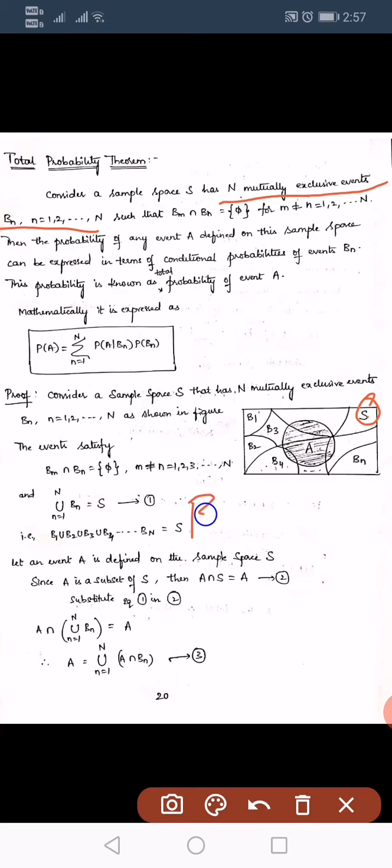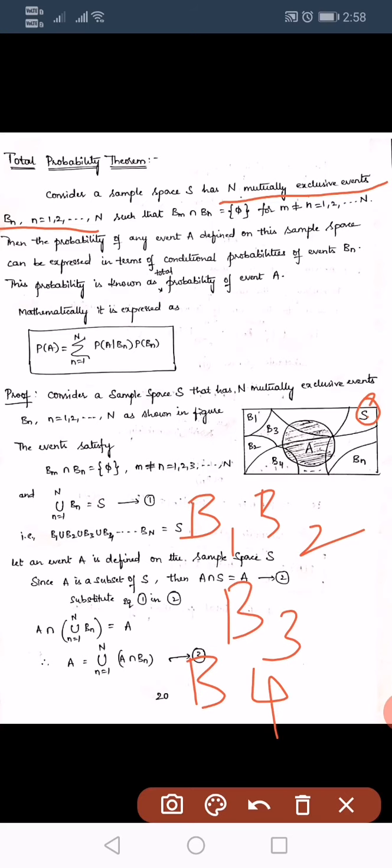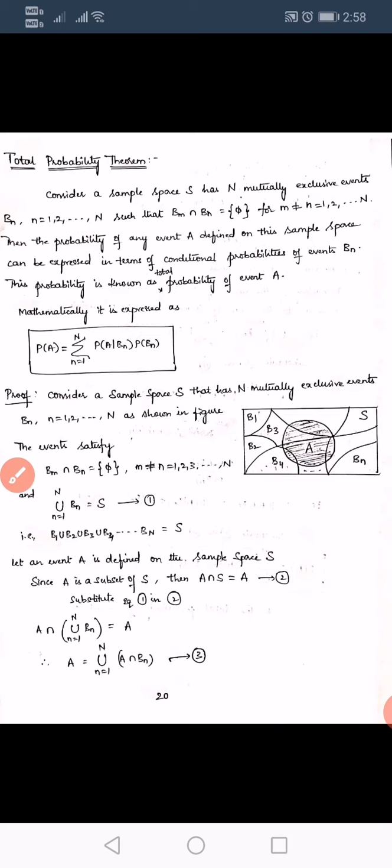That means B1 is not related to B2, and B1 and B2 both are not related to B3. B1, B2, B3 are not related to B4. That's why we have drawn it like this. B1 and B2 do not share any common elements in the sample space. In the same way, B2 and B3 do not share any common elements in the sample space S, and B1 and B3 also do not share any common elements.